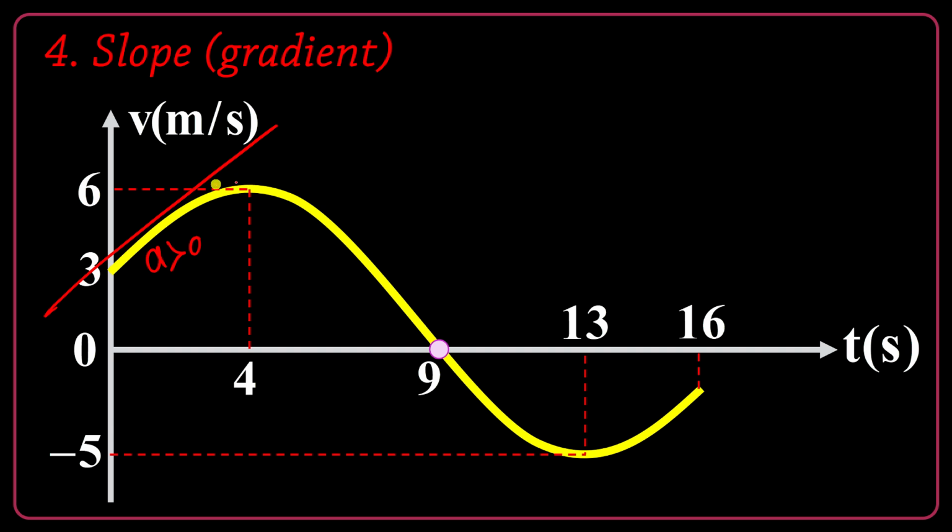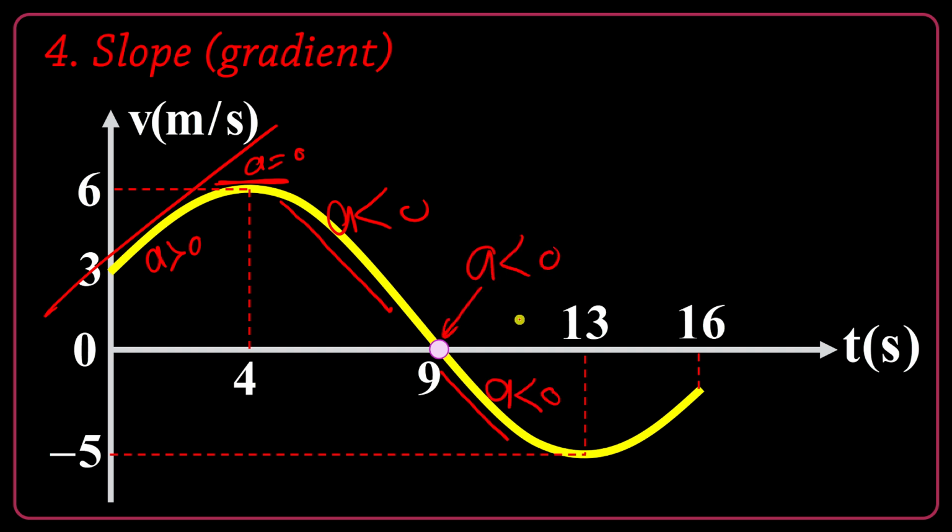At the peak point, maximum or minimum, acceleration is going to be 0, then acceleration is negative because the VT graph is descending. Even at t equals 9, the acceleration is negative because the slope is negative. Here again, at the bottom point, the minimum, the acceleration is going to be 0, and then acceleration in ascending part is positive.